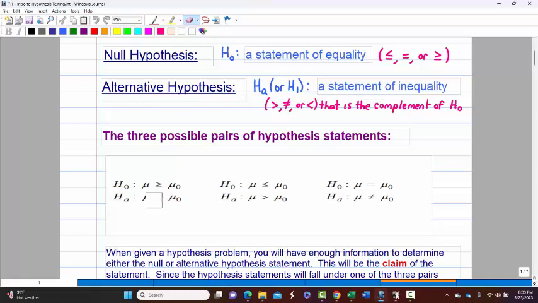So for this one, the H0 could be mu is greater than or equal to 20, and then it would pair up with an alternative of mu being less than 20. So greater than or equal to pairs up with less than, less than or equal to pairs up with greater than, and equal pairs up with not equal.